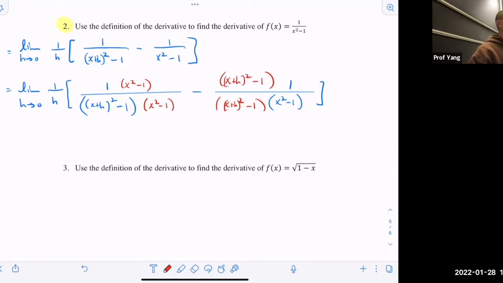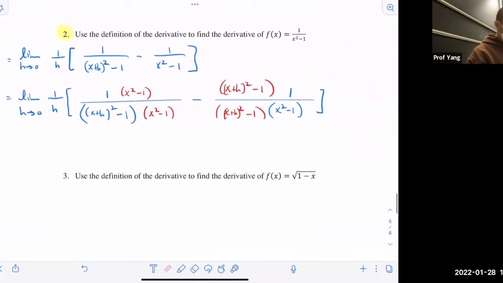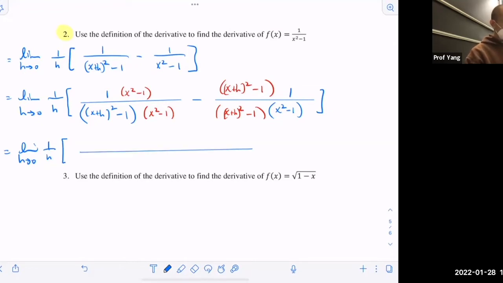Does that make sense to everybody? So now let me simplify this. This is going to become the limit as h goes to 0, 1 over h. Now I really do have a common denominator, so I can just put a giant line here and put (x plus h) squared minus 1 times x squared minus 1.